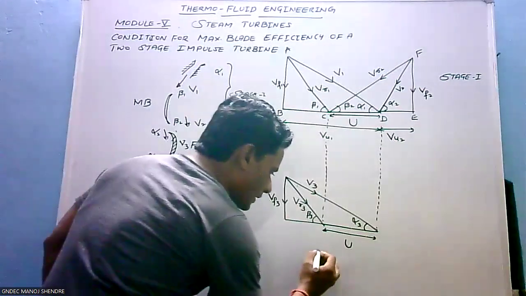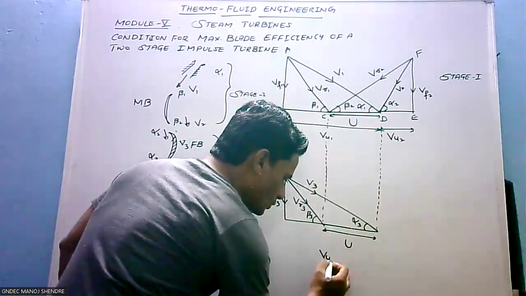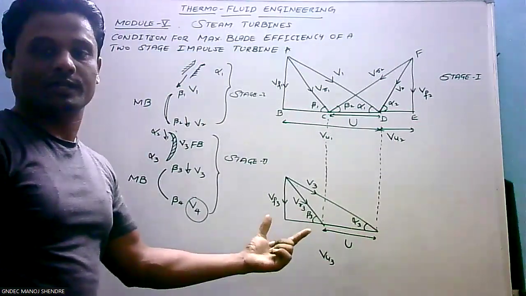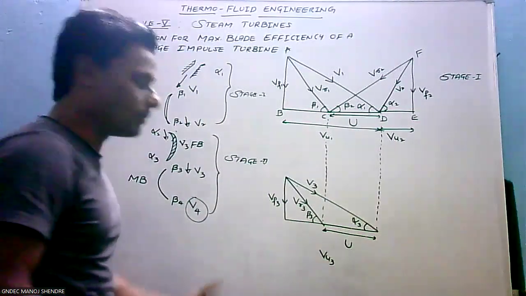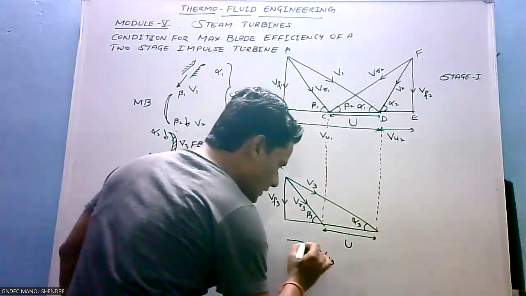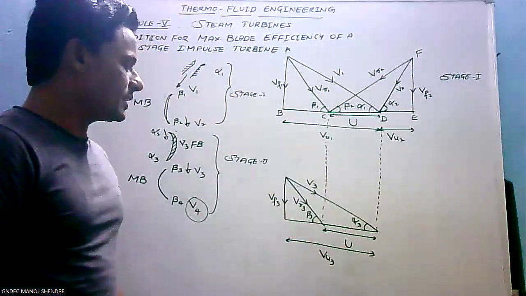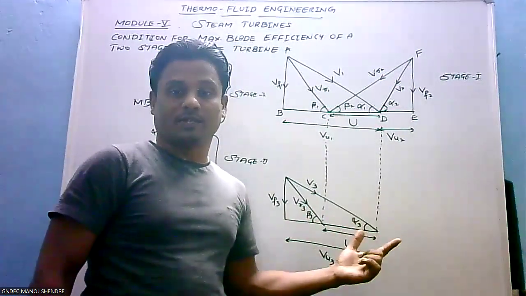Now VU3 is the tangential velocity component, or whirl velocity component, for this velocity triangle. Similarly, how to draw the outlet velocity triangle?